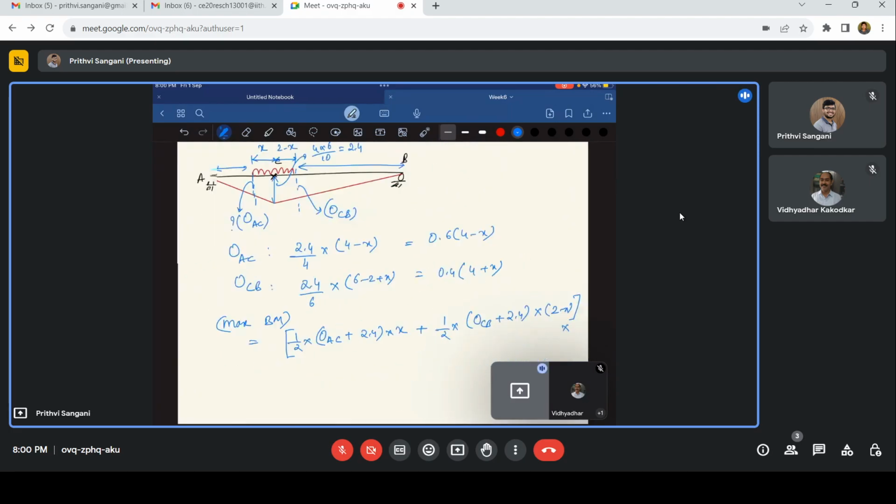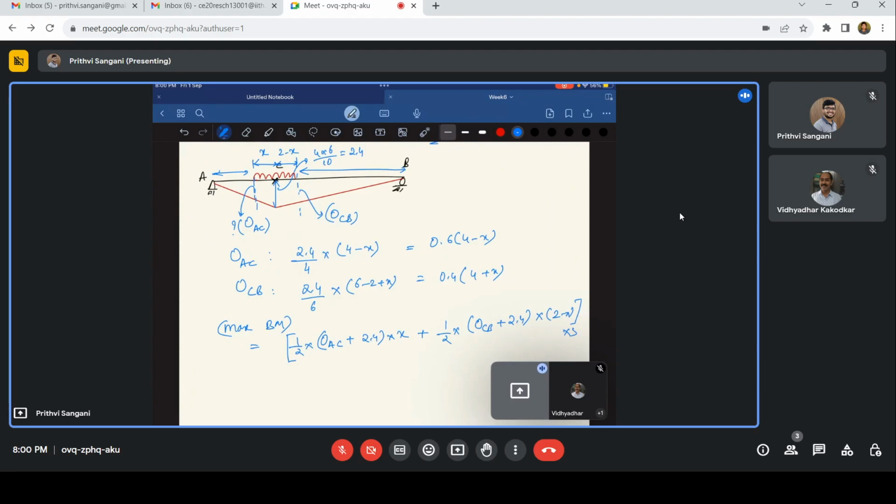UDL is 5 kilonewton per meter, 5. Okay. So this is my expression for the maximum bending moment.